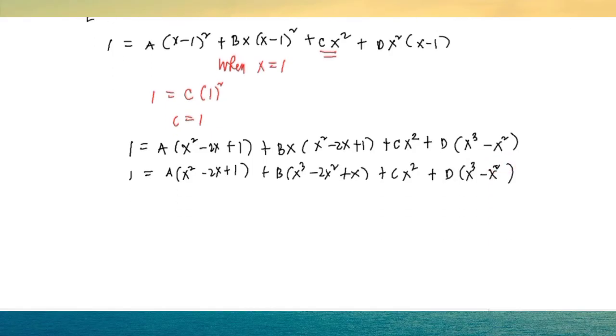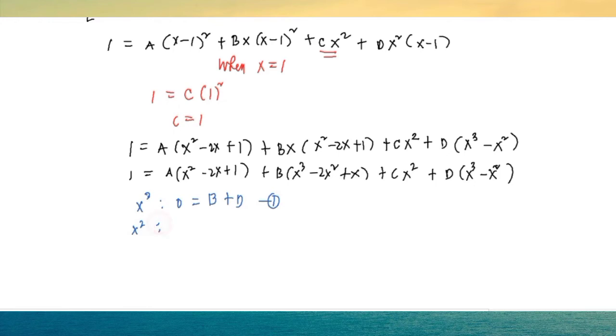So by coefficient, for x cubed, so sa left side wala tayong nakikitang x cubed, and sa right side we have B, and we have D. So B and D, and that is our equation number 1.